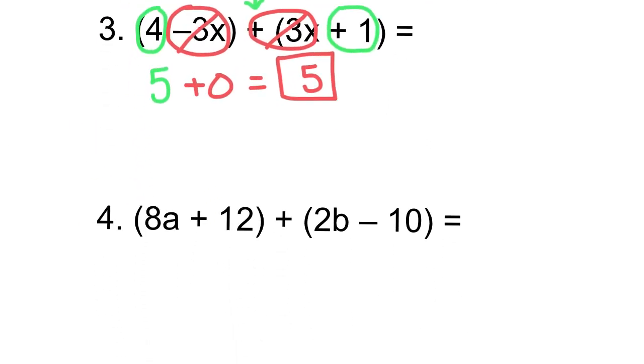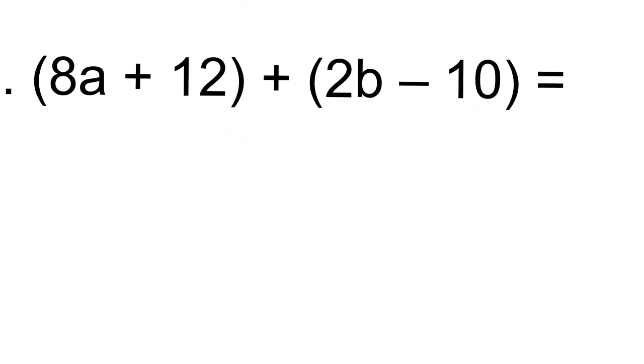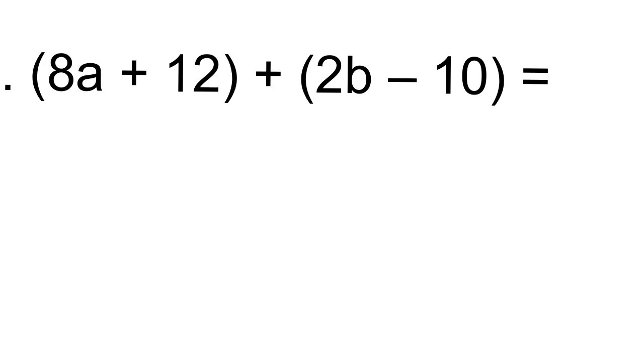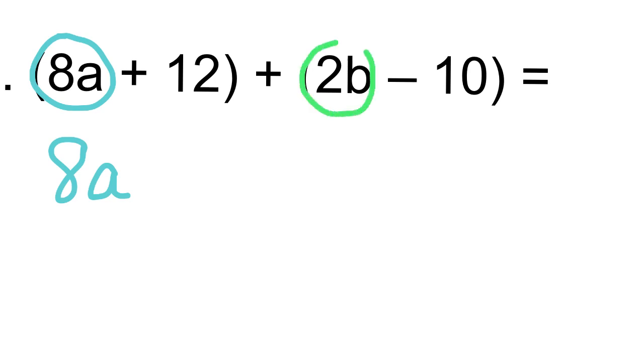Now, last question. So let's look for like terms. Which terms are like 8a? Well, there's no terms that are alike, because it must have the same variable to the same exponent. However, we do see a 2b. Since they're not like terms, we cannot combine them.